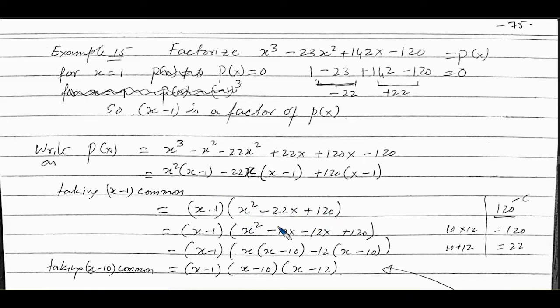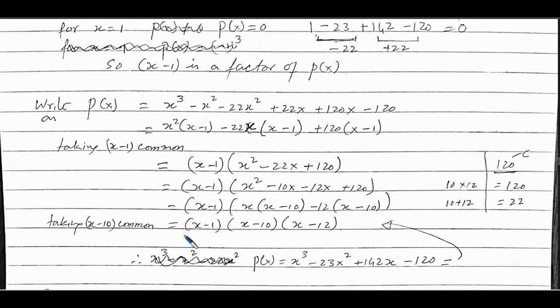Now I factorize this by splitting the middle term. That is, 10 into 12 is 120 and minus 10 minus 12 is minus 22. So you will get three factors: x minus 1, x minus 10 and x minus 12.